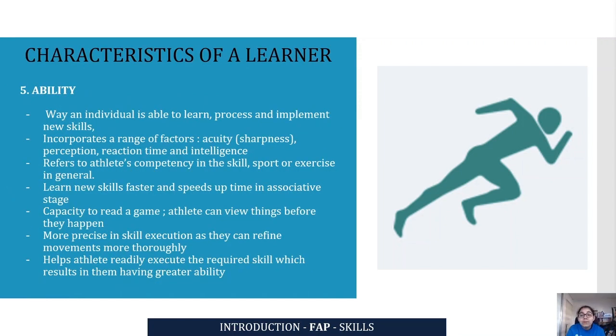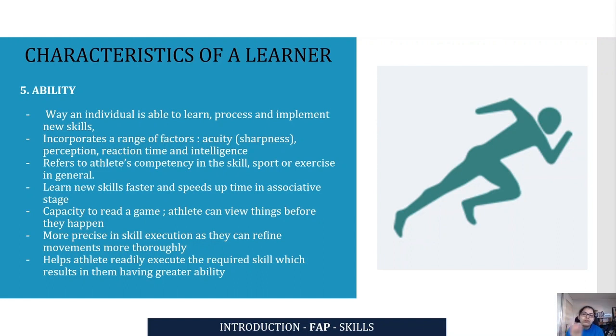Now, ability. The ability of a learner is the way in which an individual is able to learn, process, and implement new skills. This incorporates a large range of factors like acuity, having sharpness, perception, reaction time, intelligence. Everyone has different abilities, and everyone will use and express them differently.